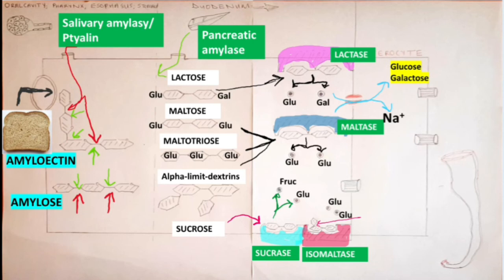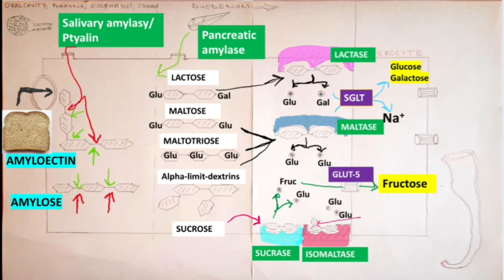So sodium together with glucose and galactose. That's glucose and galactose. What about fructose? Fructose is actually transported by GLUT5, that's glucose transporter 5.